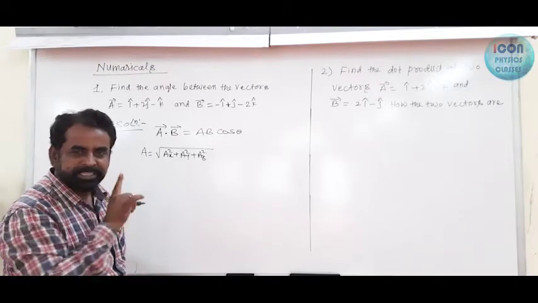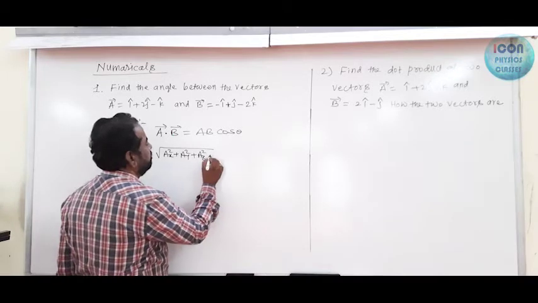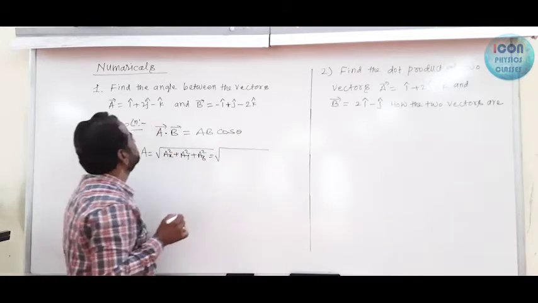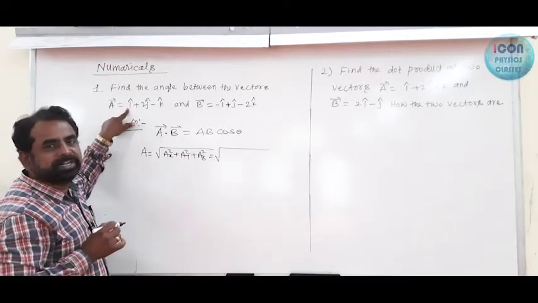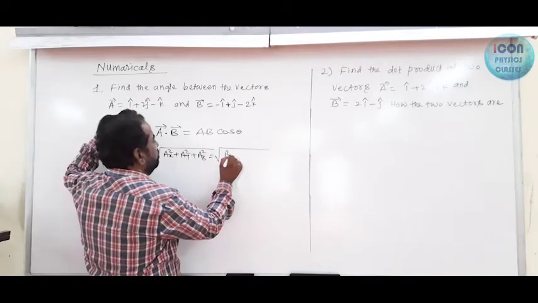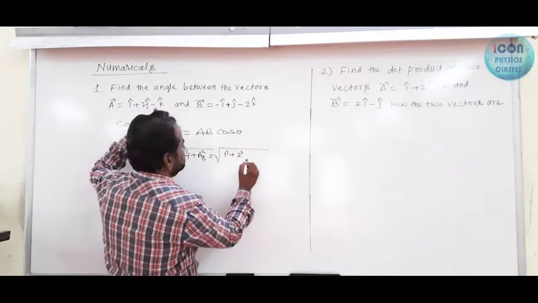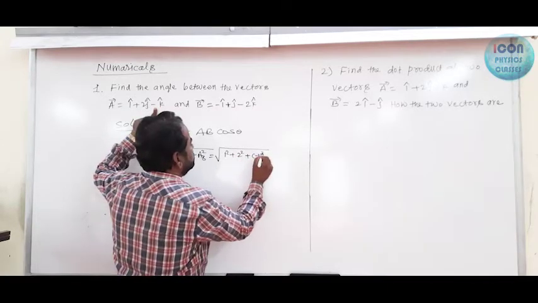It is the root of Ax square plus Ay square plus Az square. Can you remember this formula? Already we have learned. So here, what is Ax? The coefficient of vector i. What is here? 1. So 1 square plus 2 square plus minus 1 square.